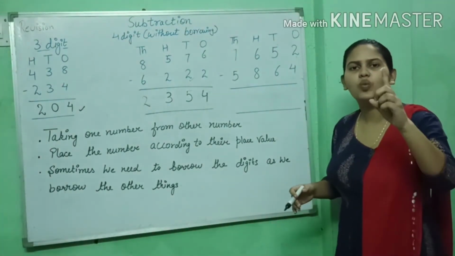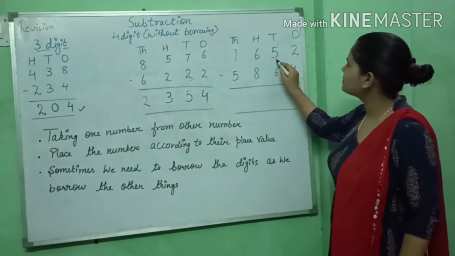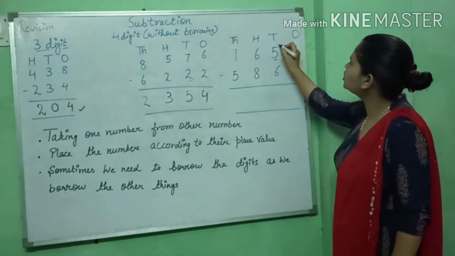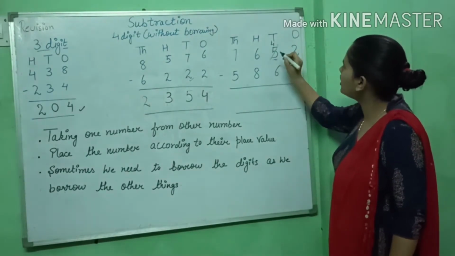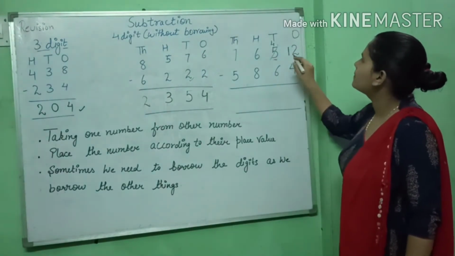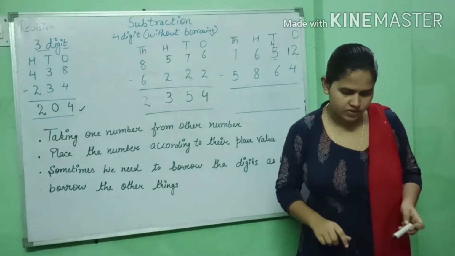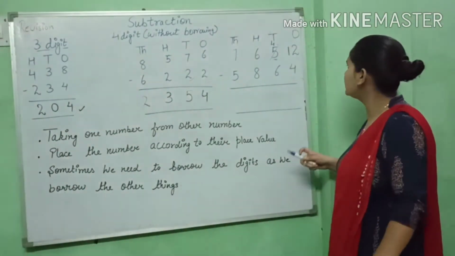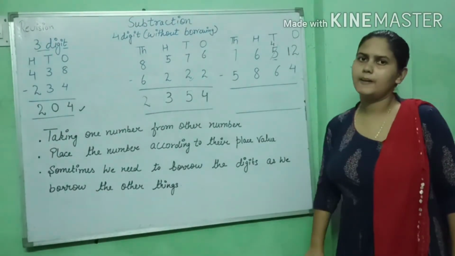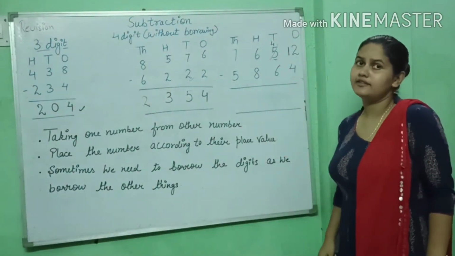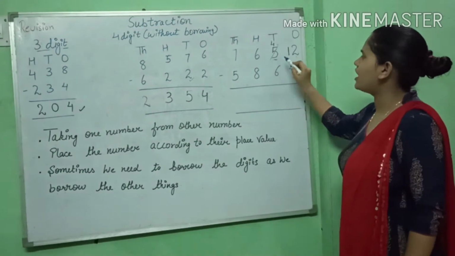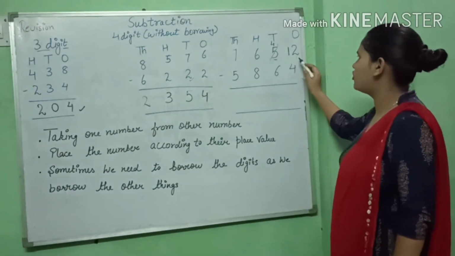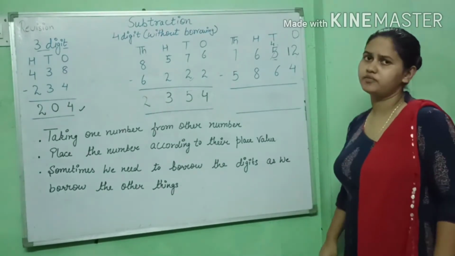It will carry 1 from its brother 5. When 5 gives 1 to 2, it becomes 4 and 12. 2 becomes 12. So in this way, we are learning how to borrow 1 from 5. So now we can easily minus 4 from 12.